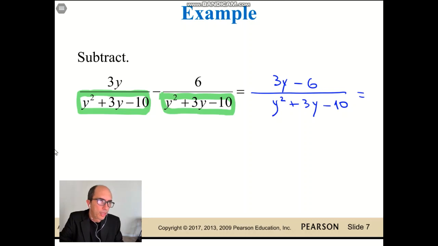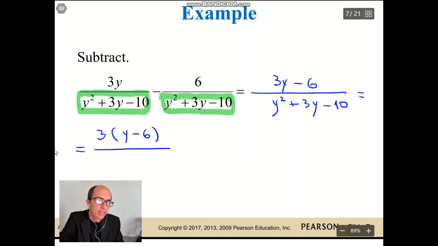And the solution here, we can factor out 3 on the numerator, 3 times y minus 6, and let's think about the denominator. We need to find two numbers. Let's write here on top. The product is equal to negative 10, and the sum is equal to 3.